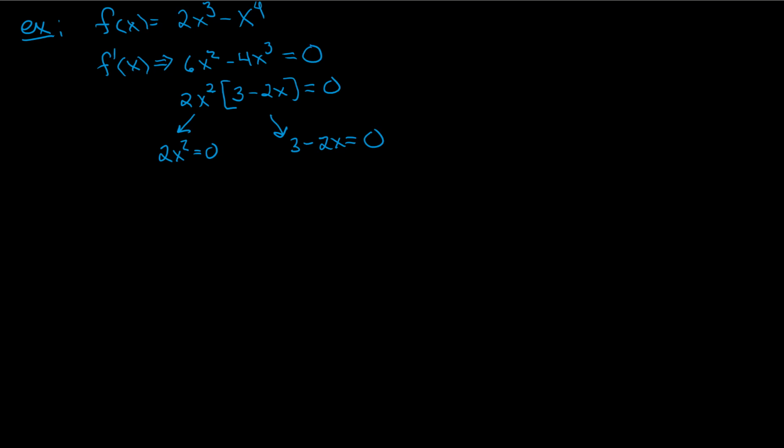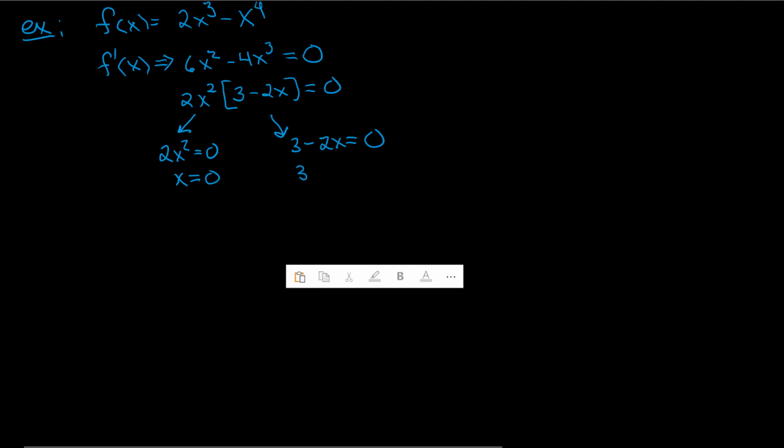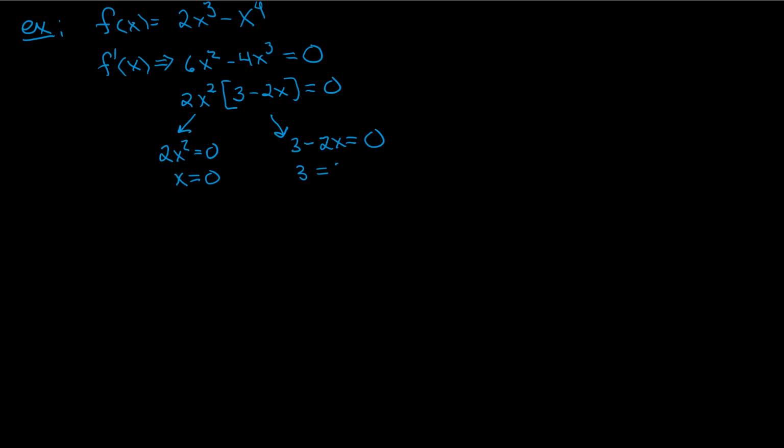So that's what allows us to say, well, maybe it's the 2x squared that's 0, or maybe it's the 3 minus 2x that's 0. Solving this first one, we get x equals 0 as a possible critical value. Solving this second one, we get 3 equals 2x, or x is equal to 3 halves.